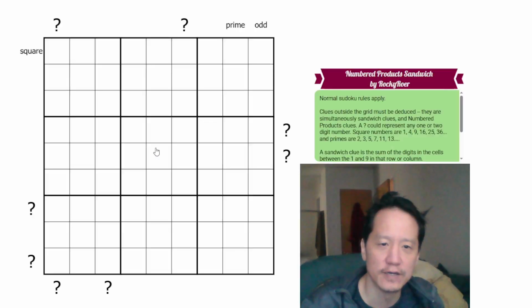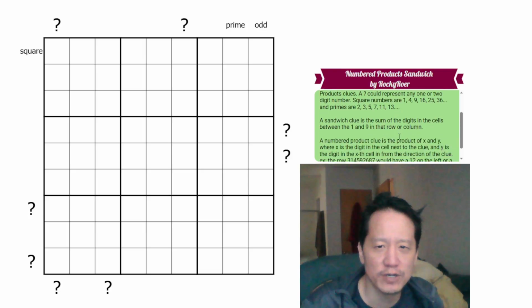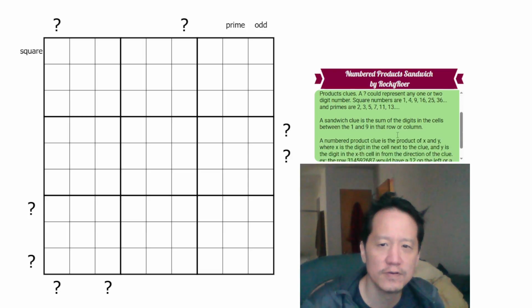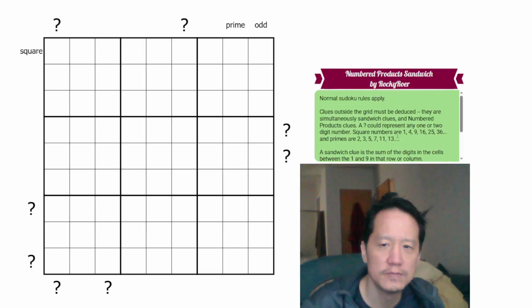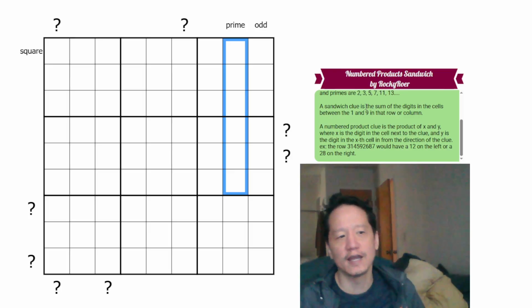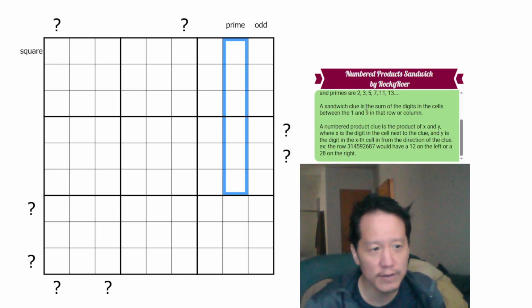Let's go. Okay. So we need to think more about what it means to have... Oh, okay. If you have a prime number, that means the product clue has to be between it and 1, right?